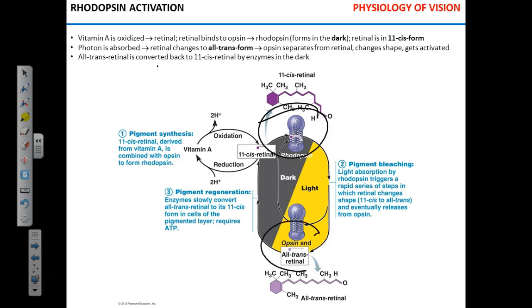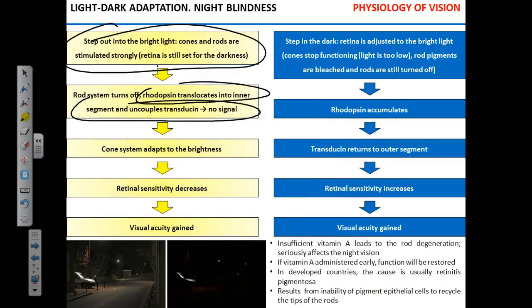Think about this, there's light all the time, so they are always dissociated. Does that make sense? So the opsin component goes into the inner segment, it translocates. There is no opsin in the outer segment, in those discs where photoreception occurs, so there's no photoreception from rods.